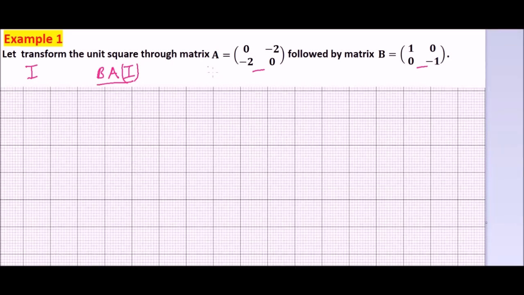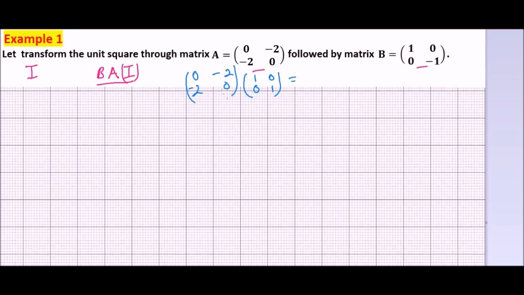So let us transform. We know our first matrix is A, so let's multiply. That is a transformation, and our object is the unit square, and since it is a matrix, our image will be 0 times 0 plus minus 2 times 0, and so on.